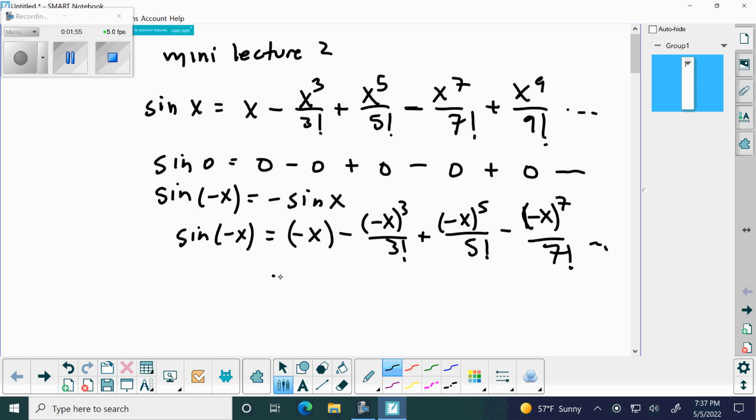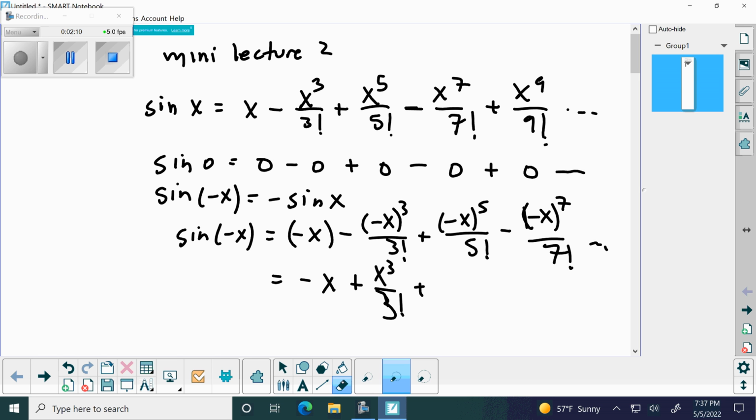So now I get negative x plus x cubed over 3 factorial minus x to the 5th over 5 factorial plus x to the 7th over 7 factorial.